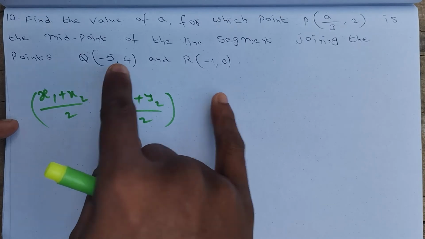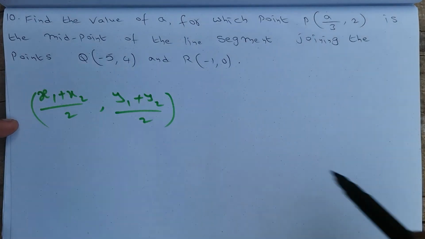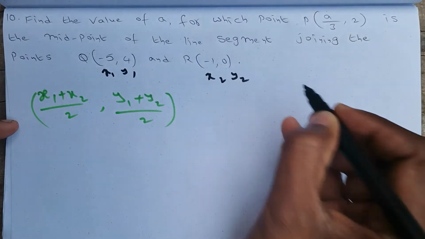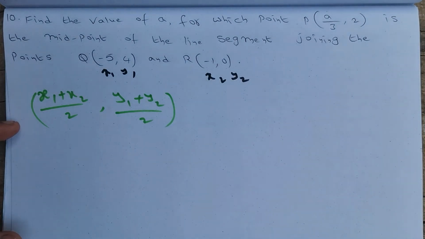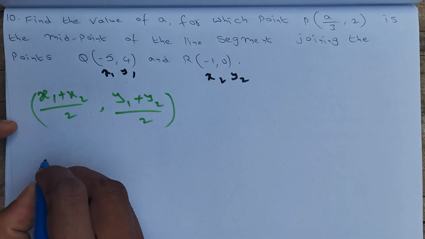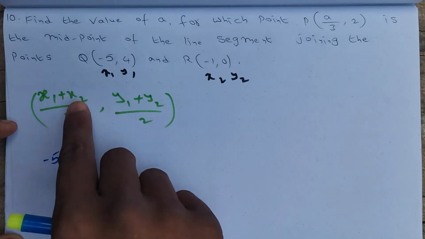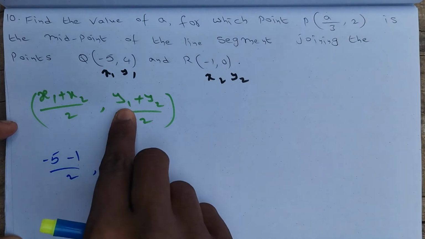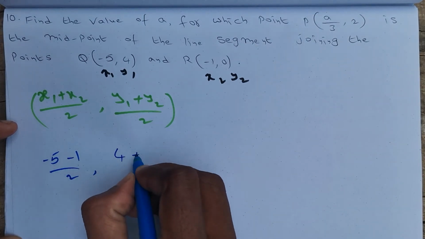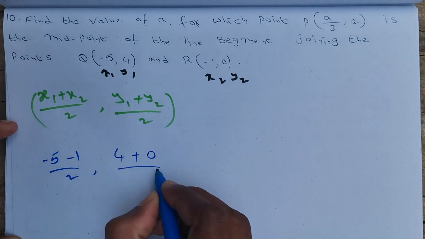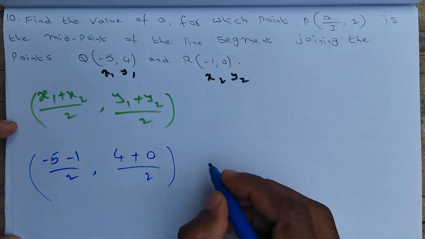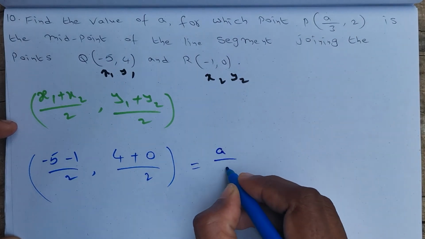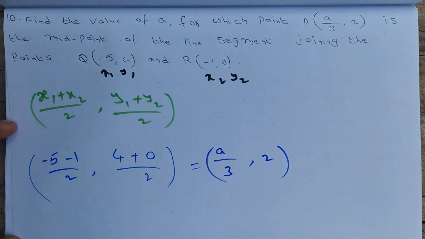So from these two given points, this is x1, y1 and this becomes x2, y2. Okay, let us substitute in that. x1 is -5, x2 is -1, divided by 2, comma, y1 is 4 plus y2 is 0, divided by 2, and this midpoint is given as (A/3, 2).